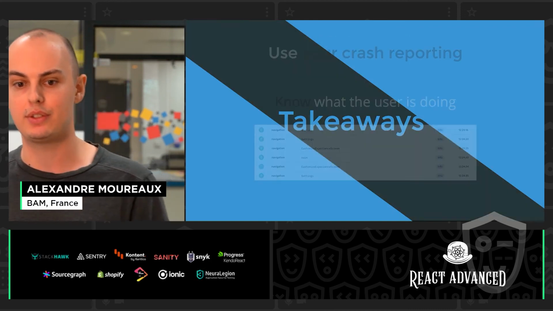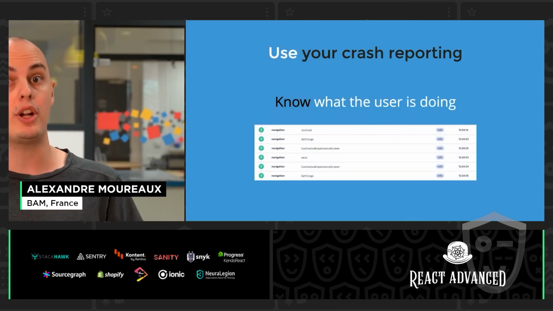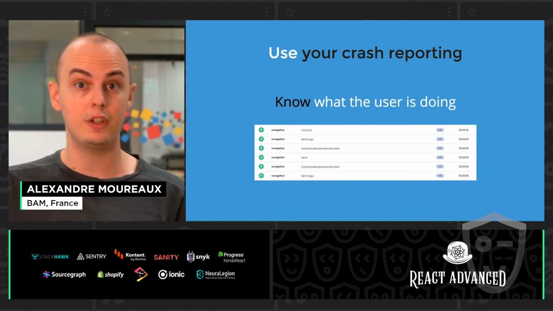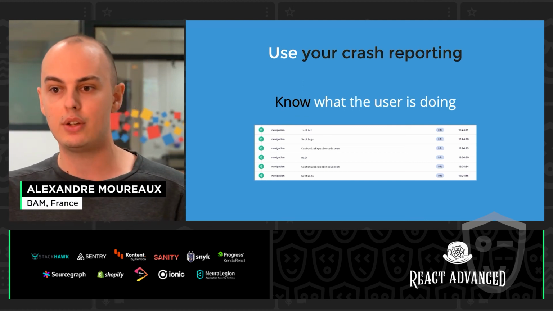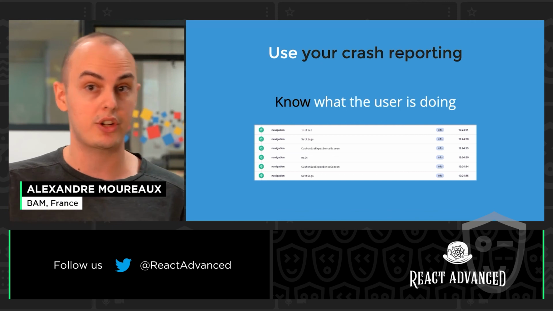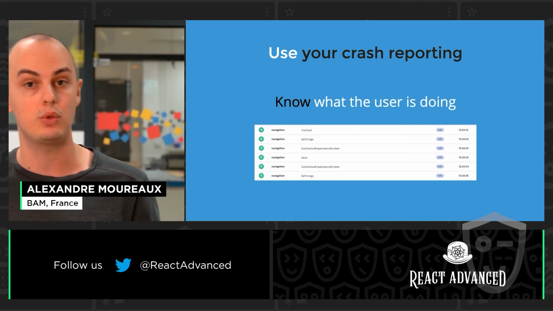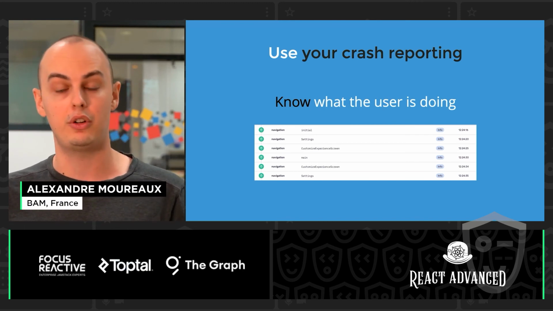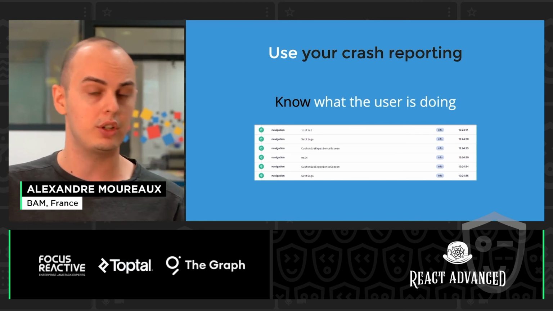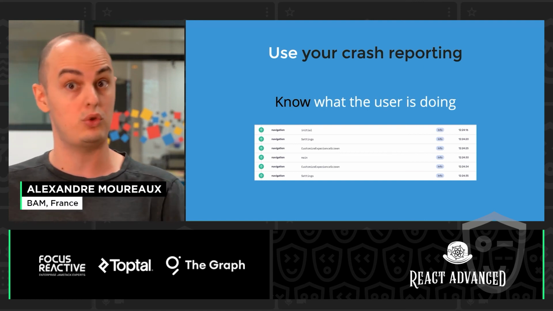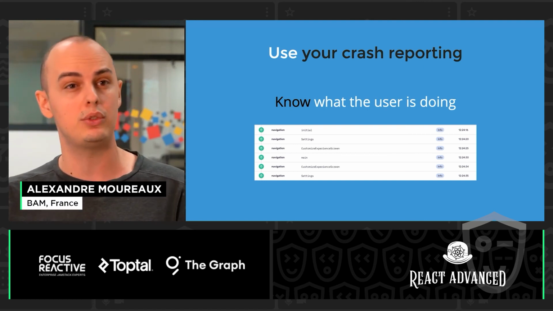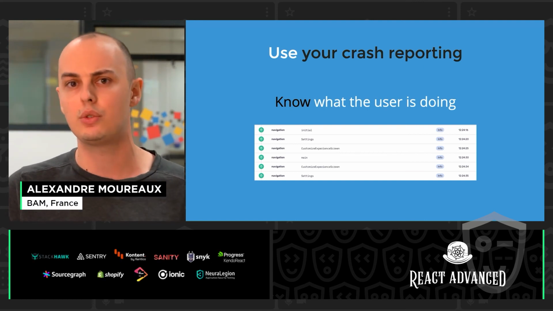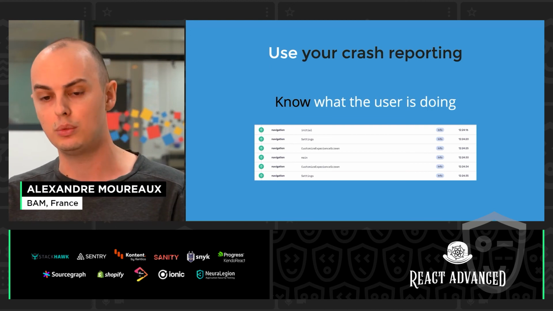First one is this. You should use your crash reporting tool extensively, and you should configure it to be able to use it, because you're gonna get crashes in production, and probably you're gonna get crashes that you can't reproduce. So you should know what the user is doing before triggering the crash. Out of the box, you're not necessarily gonna have this on your crash reporting tool, so you should set it up so that it's easy to see, for example, the screens that your user is navigating to.